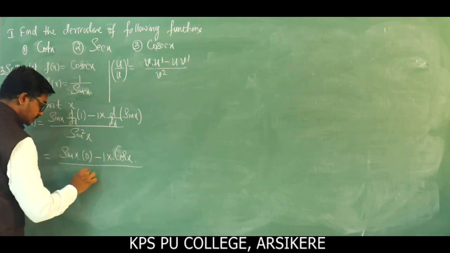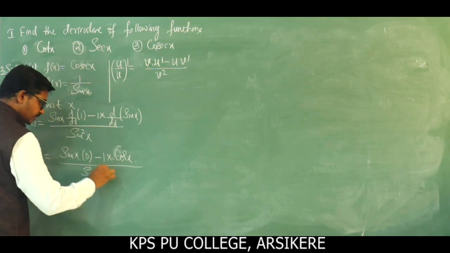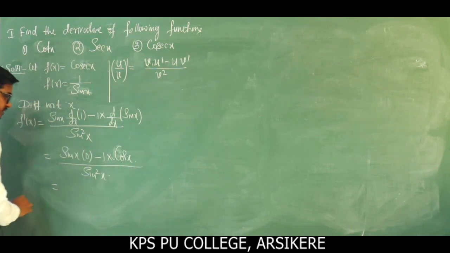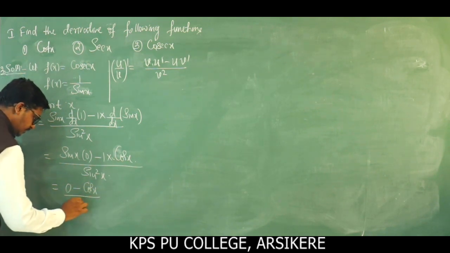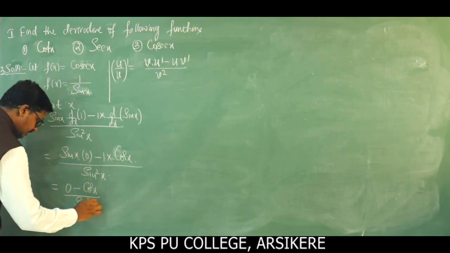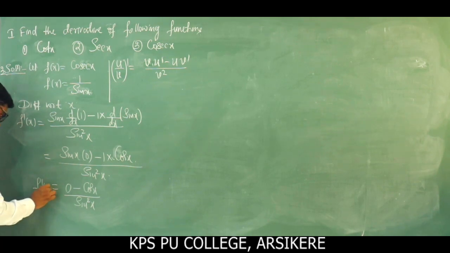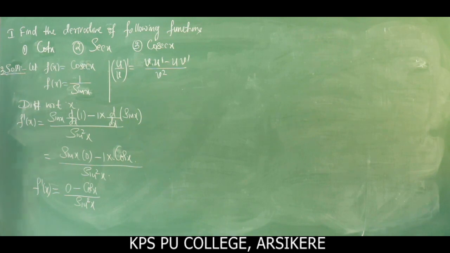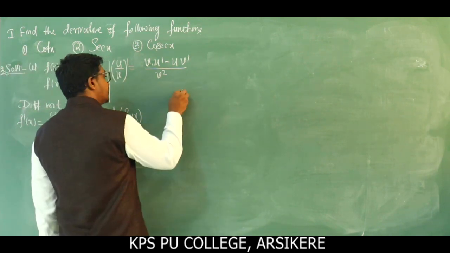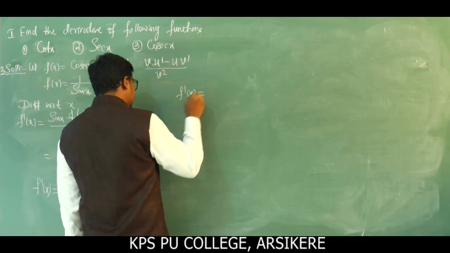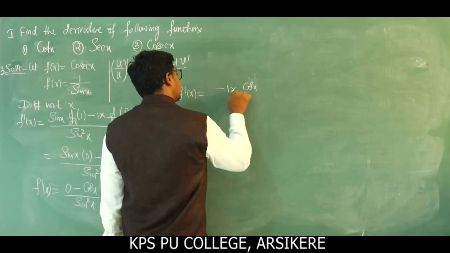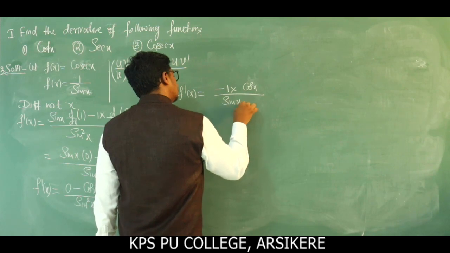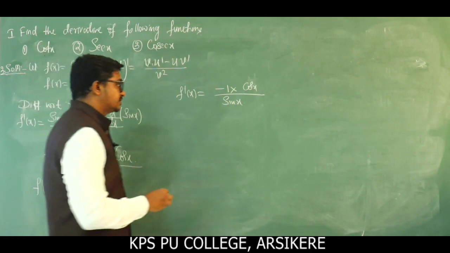The whole thing is divided by sin square of x. Sin x into 0 is 0, minus cos x divided by sin square of x. So this is f dash of x. Therefore f dash of x is equal to 0 minus cos x divided by sin square of x. Therefore f dash of x can be written as minus 1 into cos x divided by sin square x, which can be written as sin x into sin x.